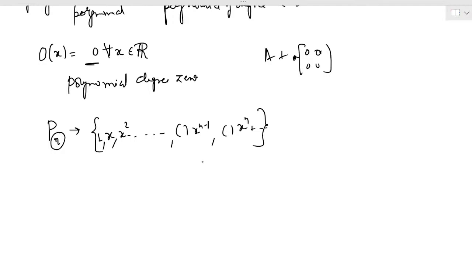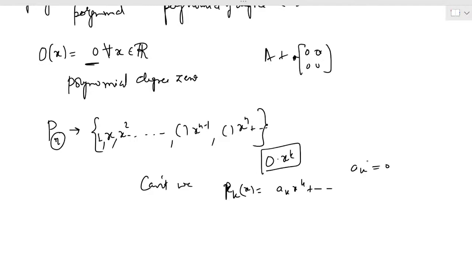Okay, why can't we take 0 in x^k? This is by definition. The student is asking that can't we take this polynomial of degree k in this fashion and let us say that a_k is equal to 0. No, this is not allowed. This is by definition of the polynomial that a_k should be non-zero.